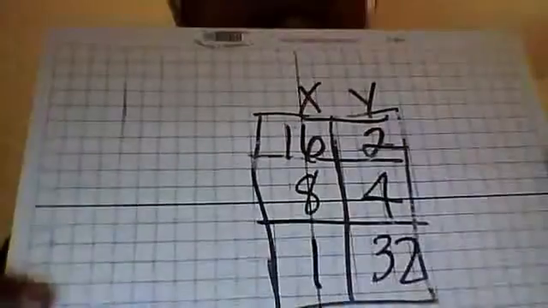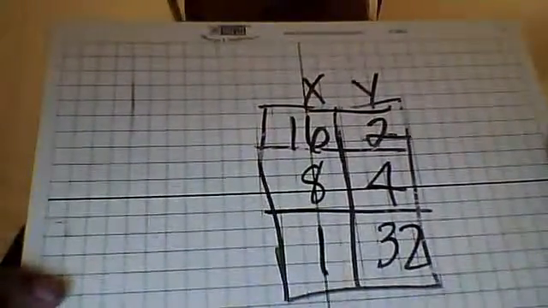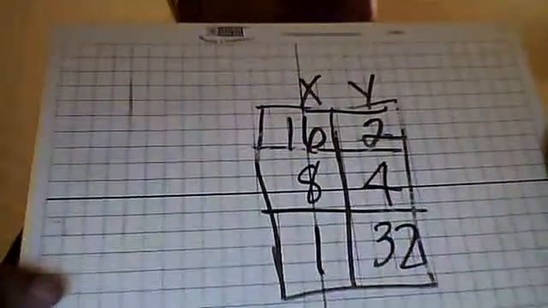But as you can see, X times Y equals 32 each time. 16 times 2 is 32. 8 times 4, 32. 1 times 32 also equals 32.